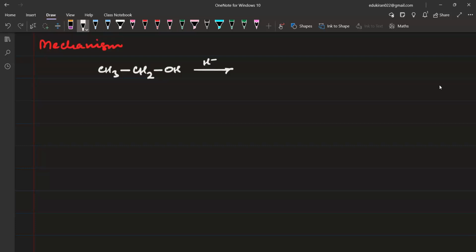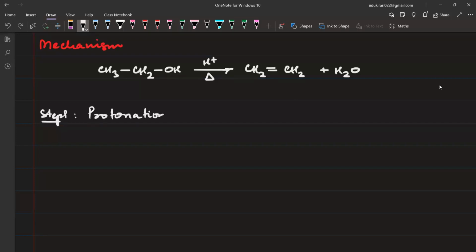In the presence of H plus and a bit of heat, it is going to give you CH2 double bond CH2 plus water. So what are the different steps that we are having? Now, since this is occurring in the presence of an acid, basically we take H2SO4 in this case. Step 1, these mechanisms are important, okay? Step 1 is protonation of alcohol.